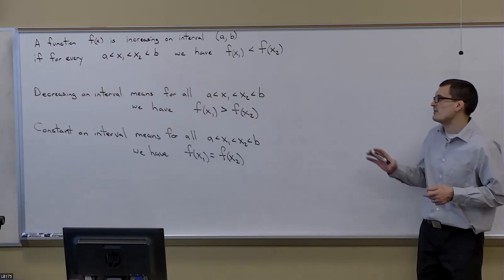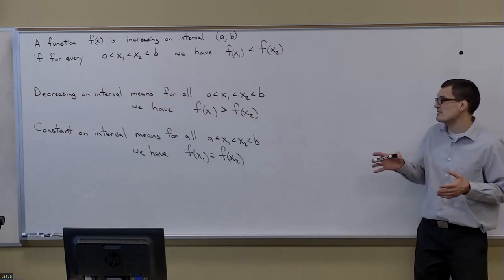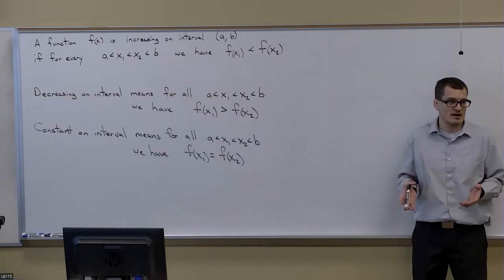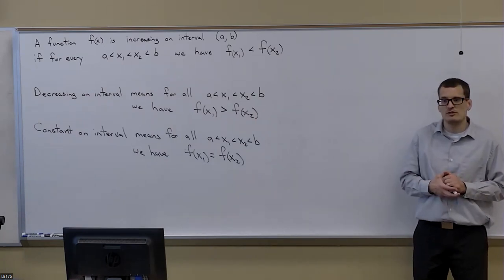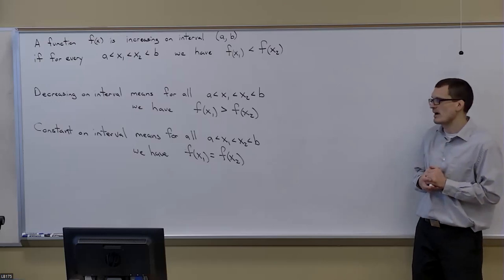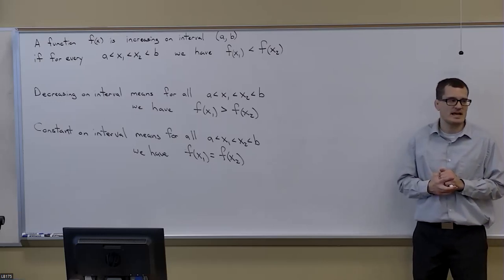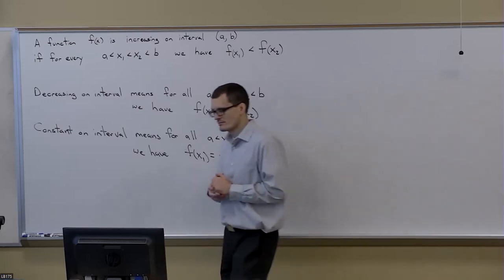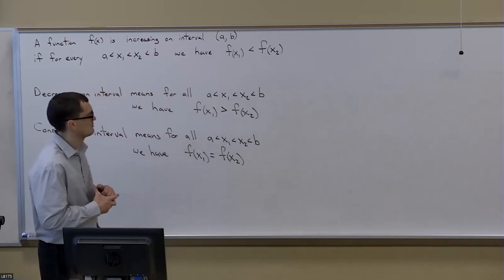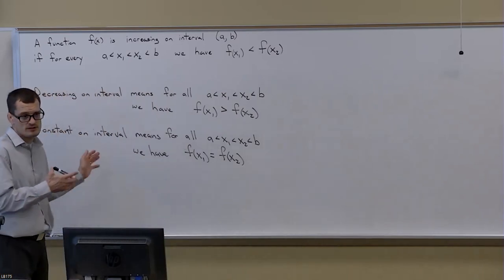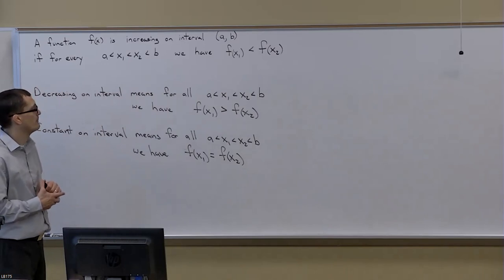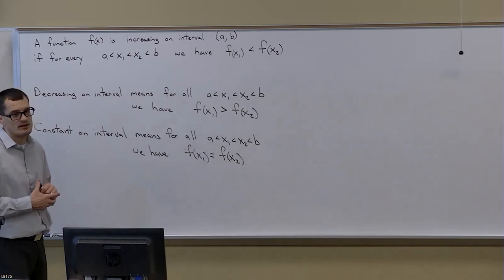Now, what am I going to do? I'm going to say we should understand what increasing, decreasing, and constant mean just by looking at the graph. If you look at a section of the graph, and I say, between x values of 0 and 1, going from smaller to higher, what's the graph doing?